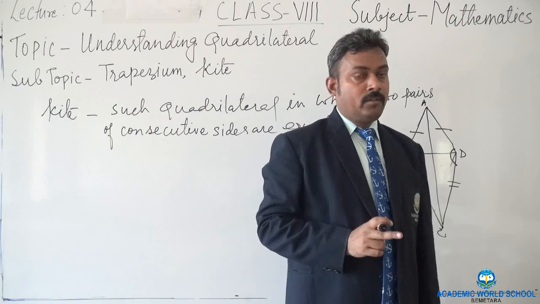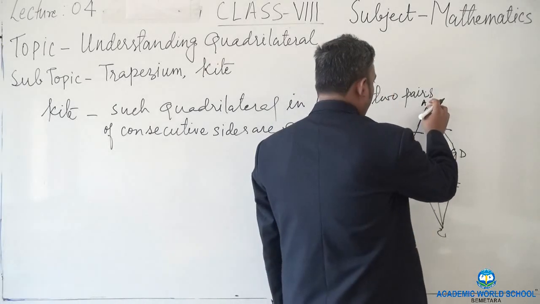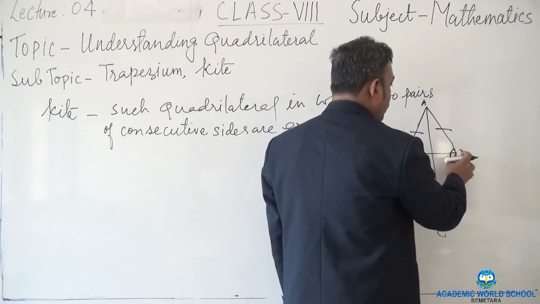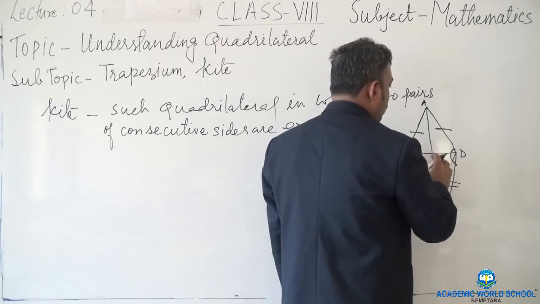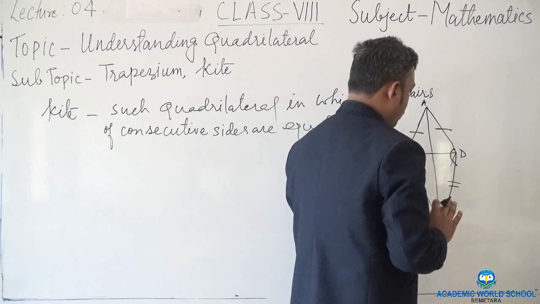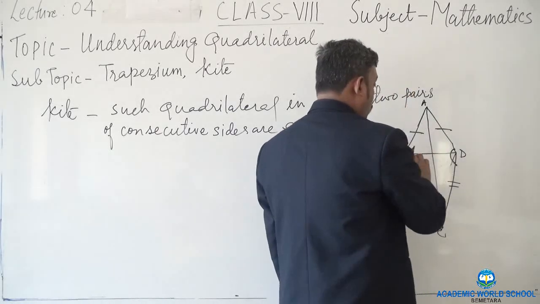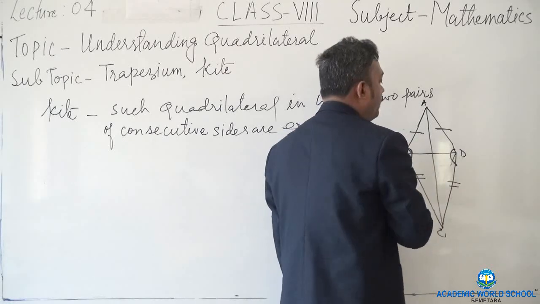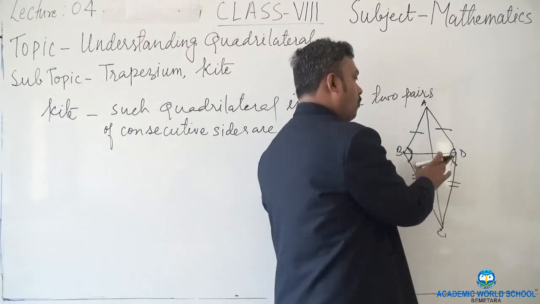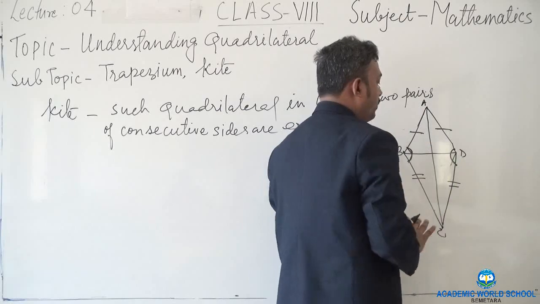Suppose either this diagonal is bisecting this one, or this diagonal is bisecting this one. This diagonal bisects this BD diagonal only. So one of the diagonals bisects the other diagonal.